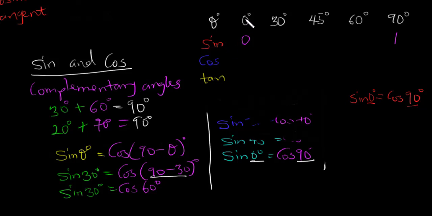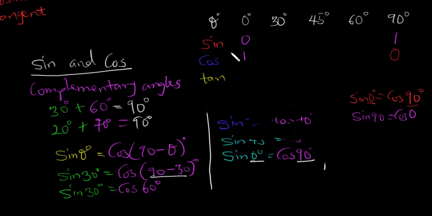So sine 0 degrees is 0, so cos 90 degrees is also going to be 0. And I also know sine 90 degrees is 1, and sine 90 is equal to cos 0 degrees. So cos 0 has to be 1.